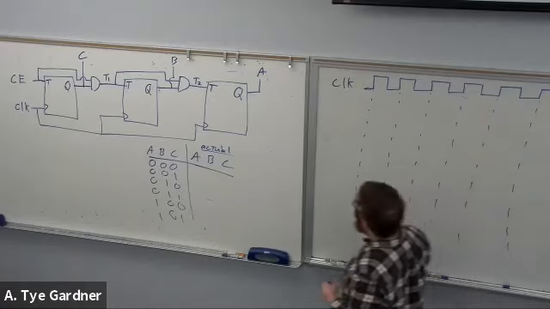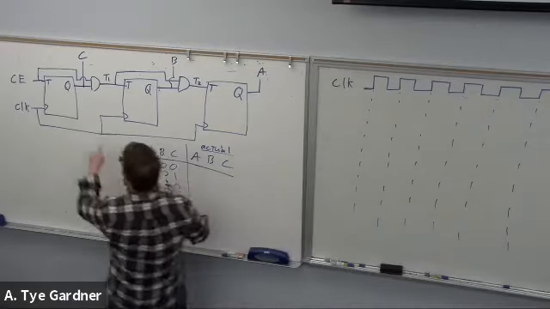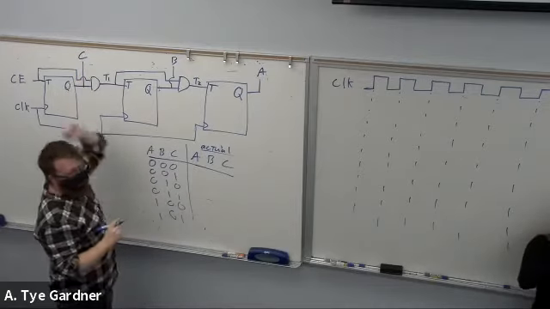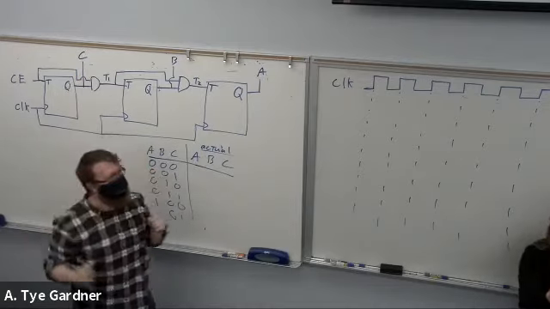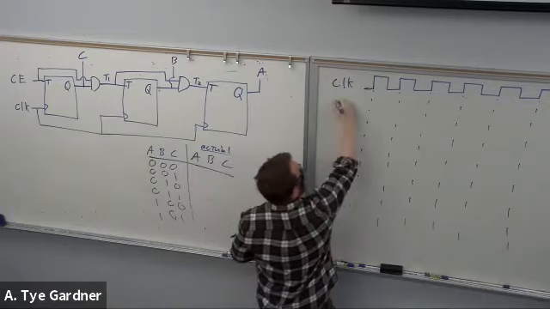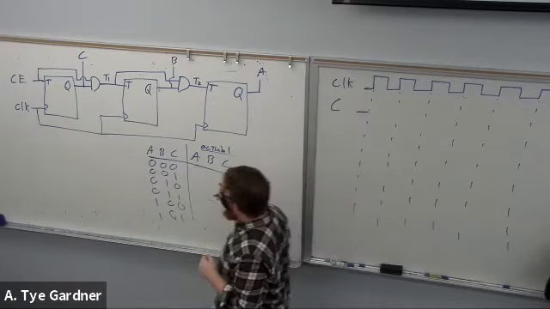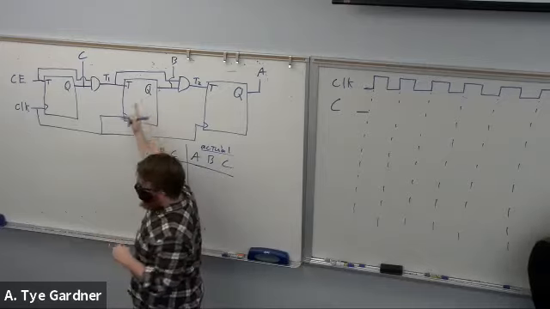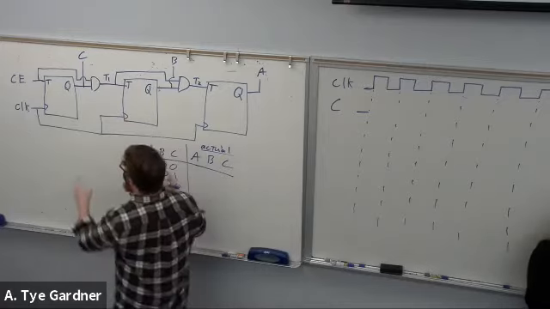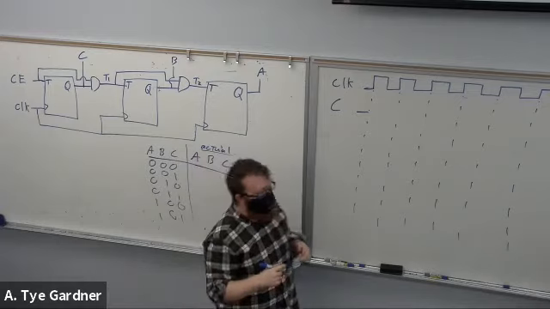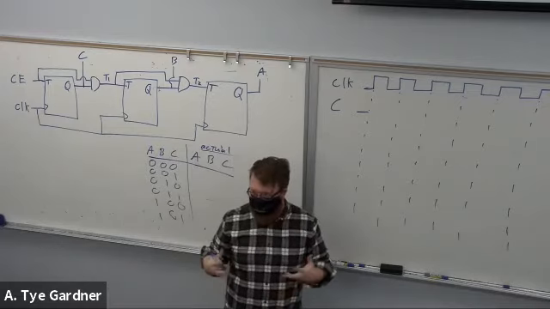Okay, next up, let's go ahead and do Q, or what we're actually going to call C, right? So the first Q is C. And I said C starts at 0, right? A, B, and C all start at 0. Then the rising edge of the clock happens and it toggles. It becomes the opposite.